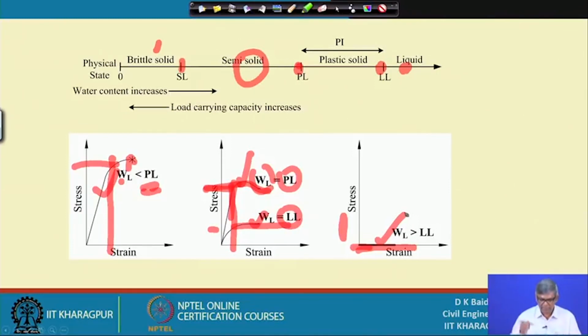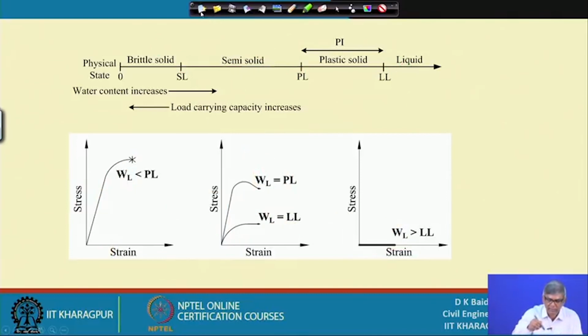These are the expected behaviors at different stages of water content. If the water content is close to the liquid limit, we will get very low strength, and if the water content is very close to the plastic limit, we will have good strength. That is what we want to explain through this slide.